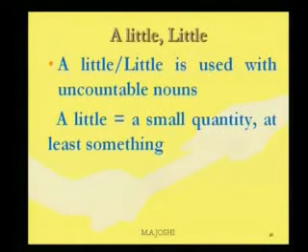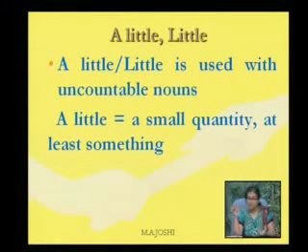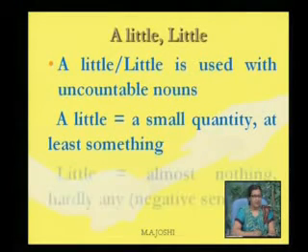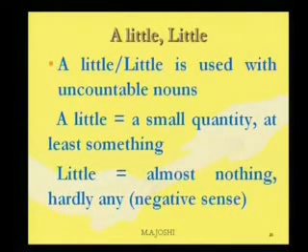A little is equal to a small quantity, at least something. When we say there is a little water in the glass, at least I can drink one sip of this. When I say little, it means almost nothing, almost nil, but little will always be used with uncountable nouns only.